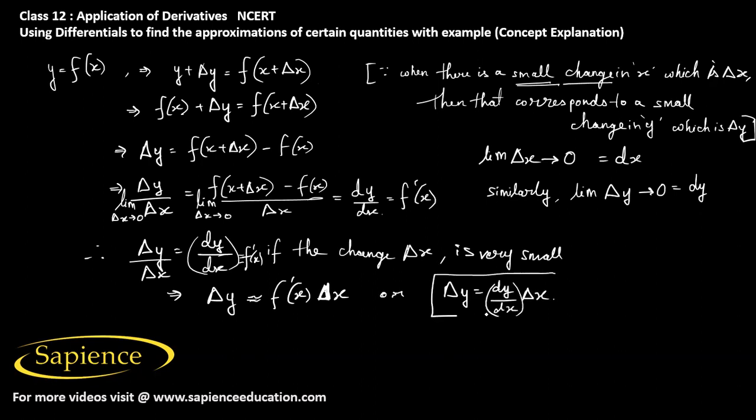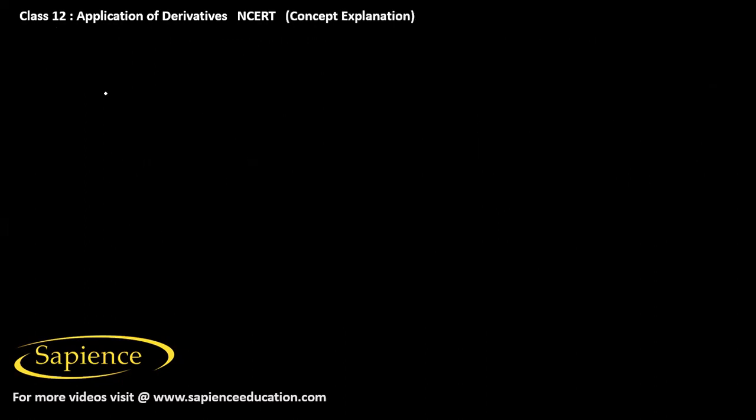So this is the rule of approximation which we can use to find the small change in y. For example, we can understand this concept by using one example.